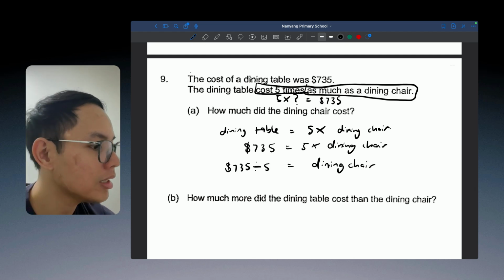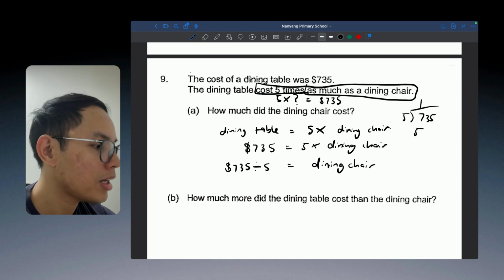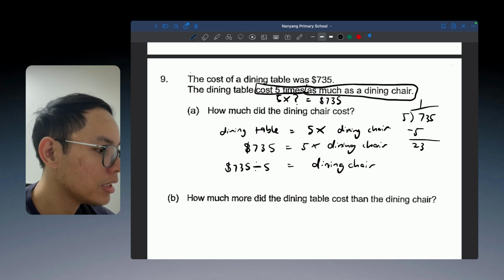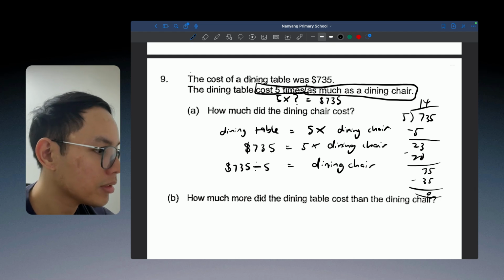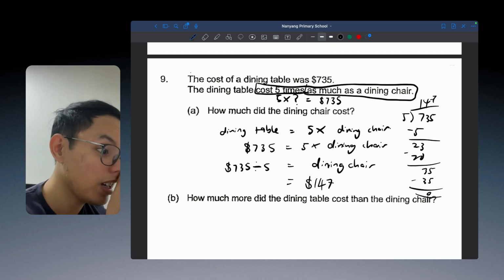Right, so you just put 735, put your working here, 5 here. So you put 5, 7 minus 5 becomes 2, bring down the 3 to make 23. Then you put 20, put your 4, and then go 35. And 35 is actually 7, and put here. Okay. So the dining chair is essentially equal to $147. Okay. And that's the answer.